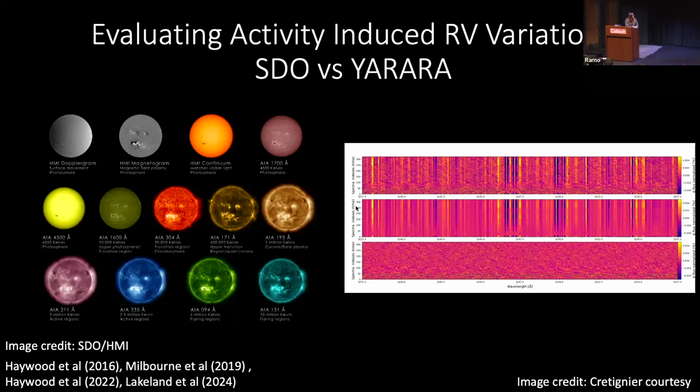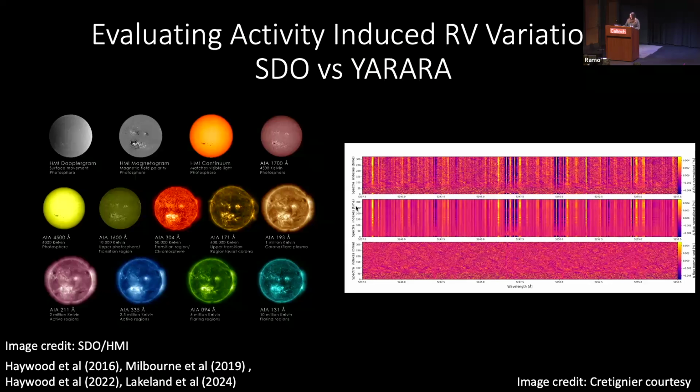I point you to all of these works down here if you want more details on that method and the model used. I also use a code developed by Michael Cretignier, the YARARA code, which looks at the wavelength domain of the data and removes telluric lines, long-term magnetic activity, cosmic rays, and instrumental effects.